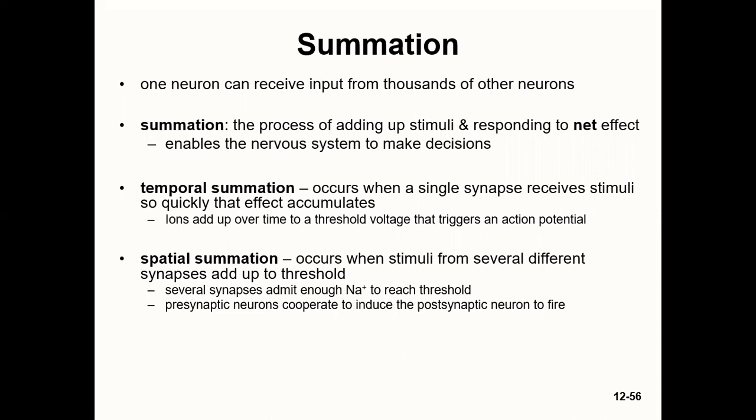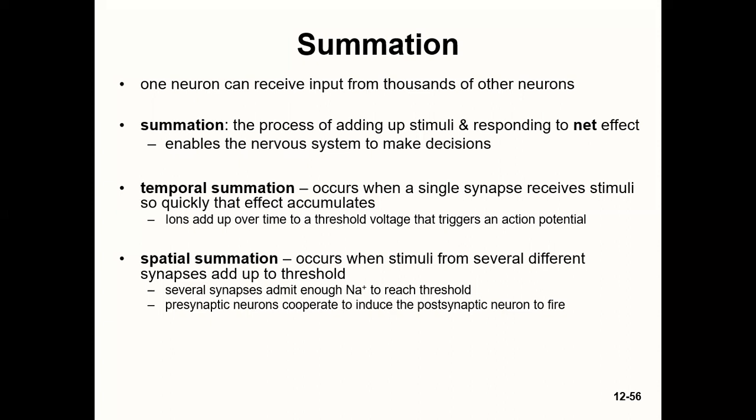So we have a couple types of summation. We have temporal summation. This occurs when a single synapse receives stimuli so quickly that an effect accumulates. Ions will add up over time to a threshold voltage that triggers an action potential.